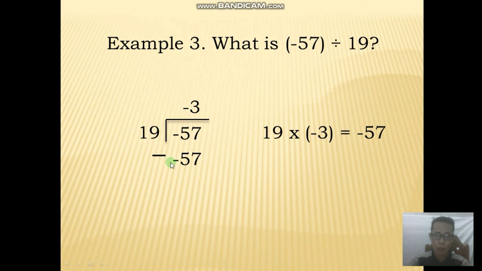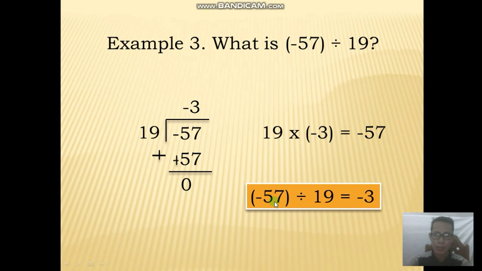Then, we will do the subtraction. Apply the subtraction rules. Magiging addition, magiging positive, then negative 57 plus positive 57, that is equal to 0. Therefore, negative 57 divided by positive 19, that is equal to negative 3. Ito na yung sagot natin.